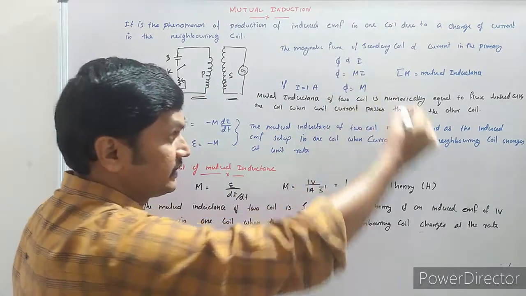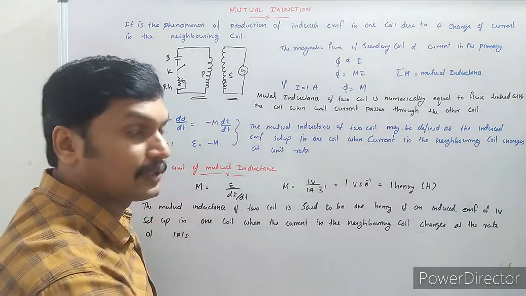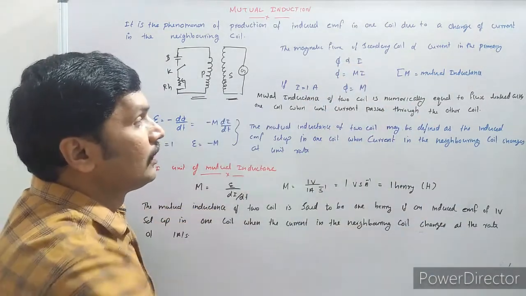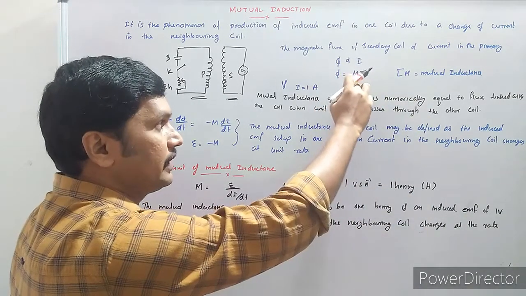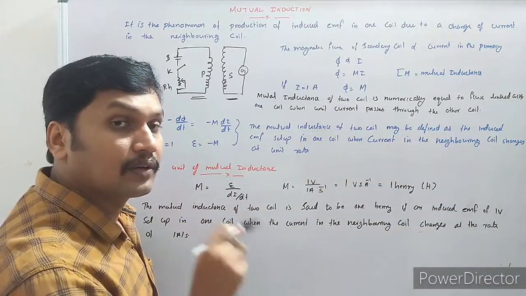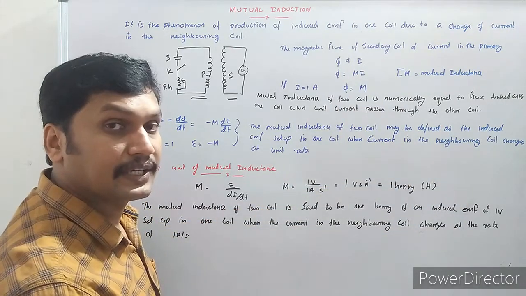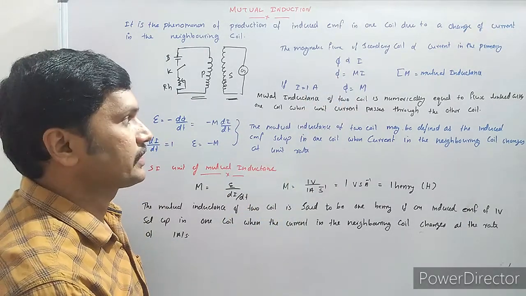So we write phi is proportional to I. Phi is equal to M into I, and here the proportionality constant M is known as mutual inductance or coefficient of mutual induction.